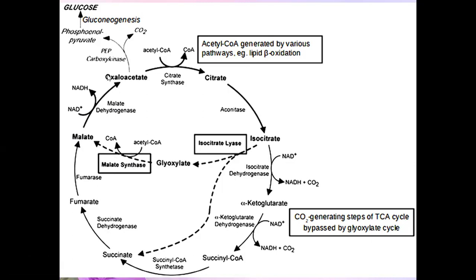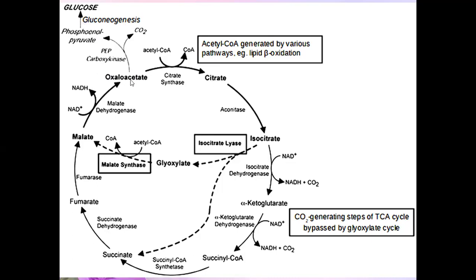Some oxaloacetate is combined with acetyl coenzyme A and involved in the formation of citrate, six carbon atoms of citrate. Sometimes some oxaloacetate enters into the cytoplasm and is involved in gluconeogenesis. From these four carbon atoms of oxaloacetate, glucose is formed by the gluconeogenesis cycle.